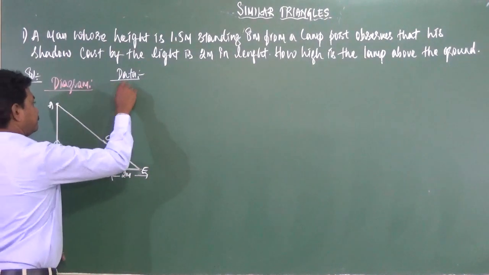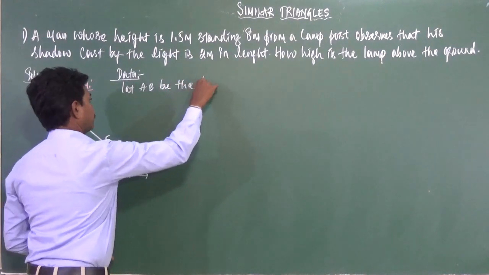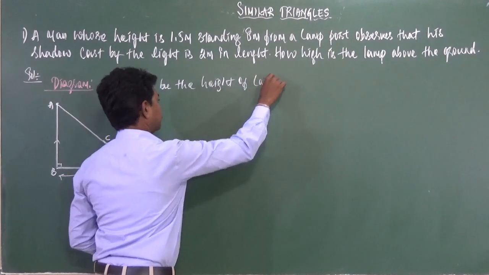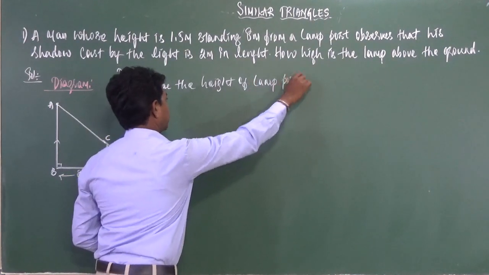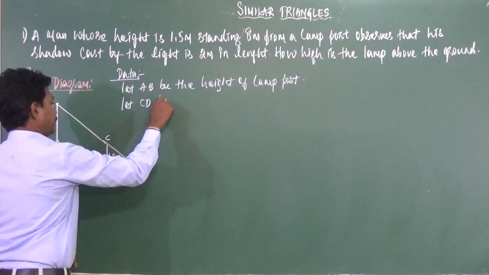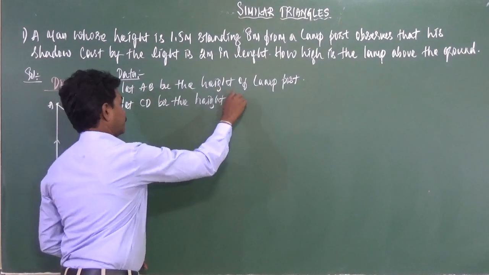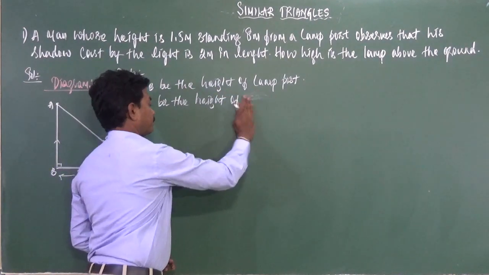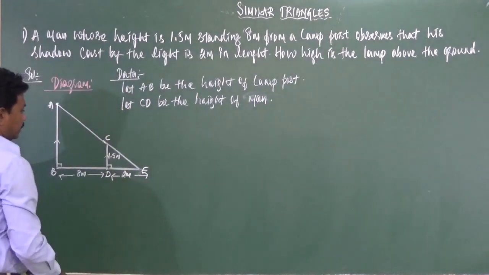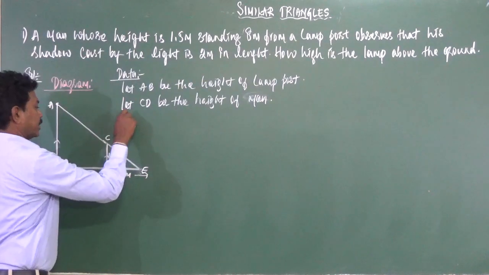Let AB be the height of the lamppost. Let CD be the height of the person or man according to the question. Then let DE be his shadow.